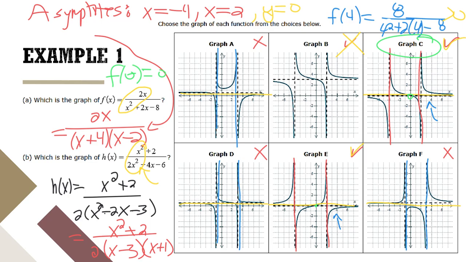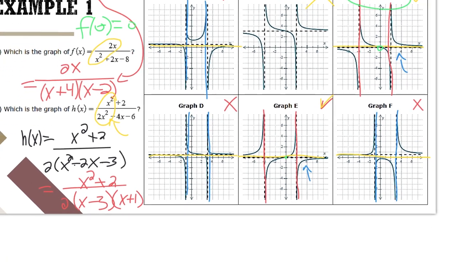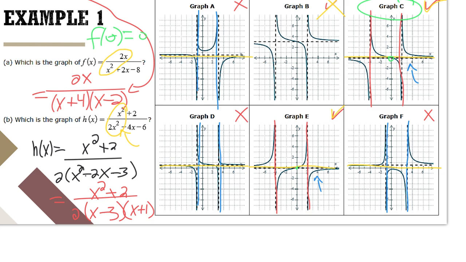Now, what I would do next, let me move this up just out of the way so we can look at it a little bit better, is think about, well, what if I plug in 0 to this? Well, the top is just 2, the bottom just turns into 2 times -3 times a positive 1, which gives me a negative 1/3. So again, if I plug in 0 here, this is gone, it's just 2.